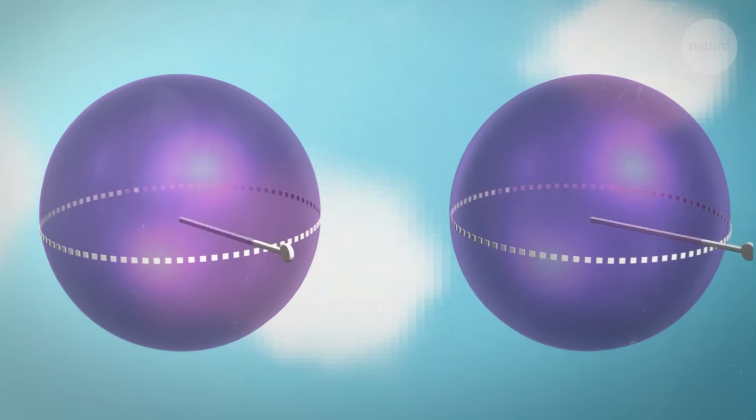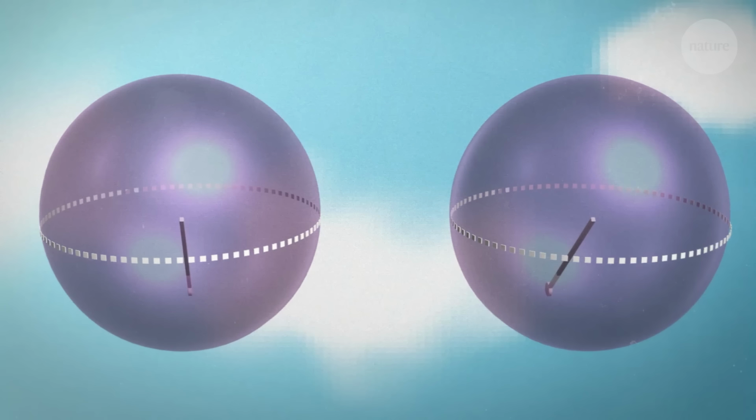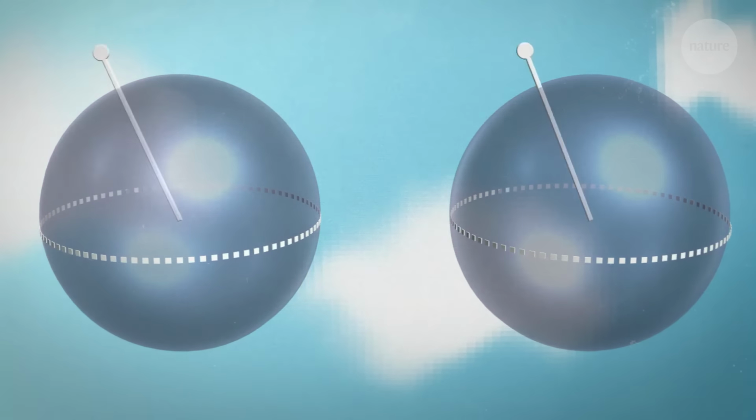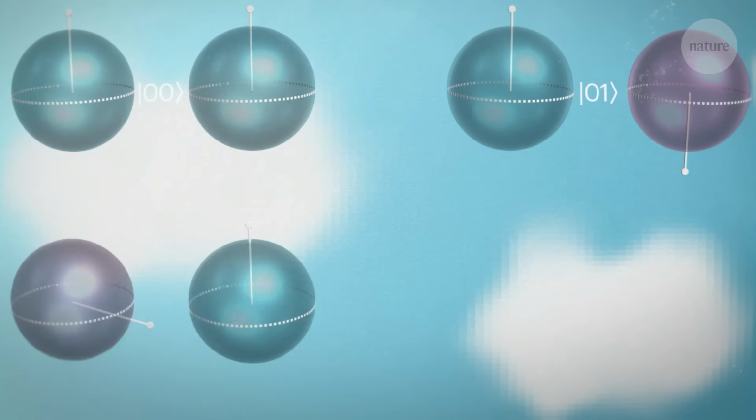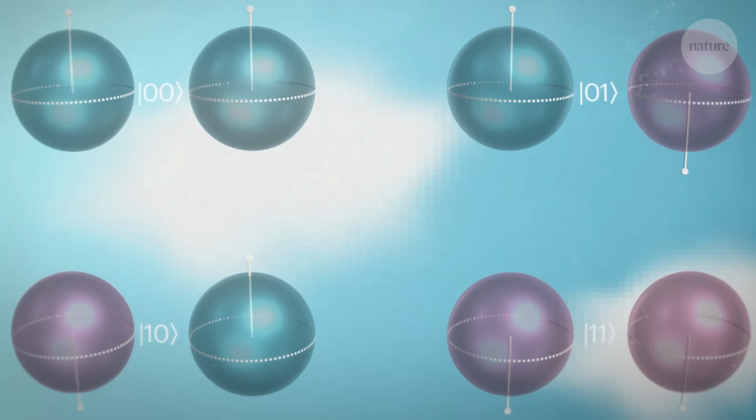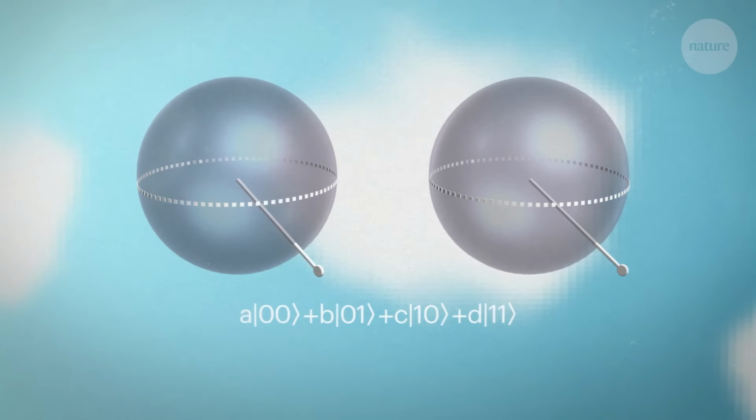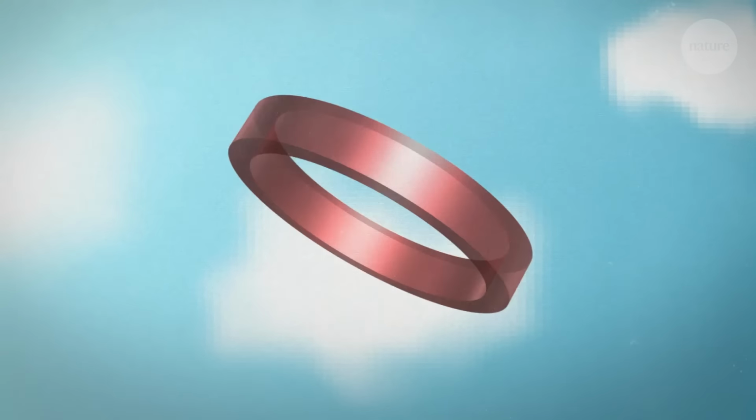So, if you took 2 of these entangled qubits, they could be in one of 4 special states: 0,0, 0,1, 1,0, and 1,1, no different to regular bits, but they could also be in a combination of those states. Quantum computing works by taking these superposed qubits and performing simple manipulations on them called gates.